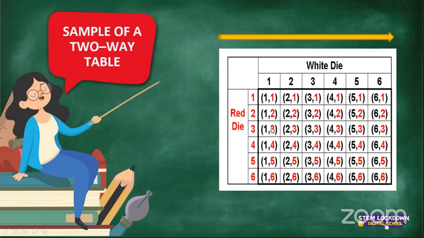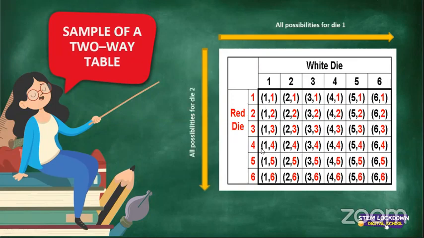Okay, so all the possibilities for die 1 would go from left to right. As you can see, everywhere I have the little black numbers, that is for the white die. So we can have 1, 2, 3, 4, 5, 6.